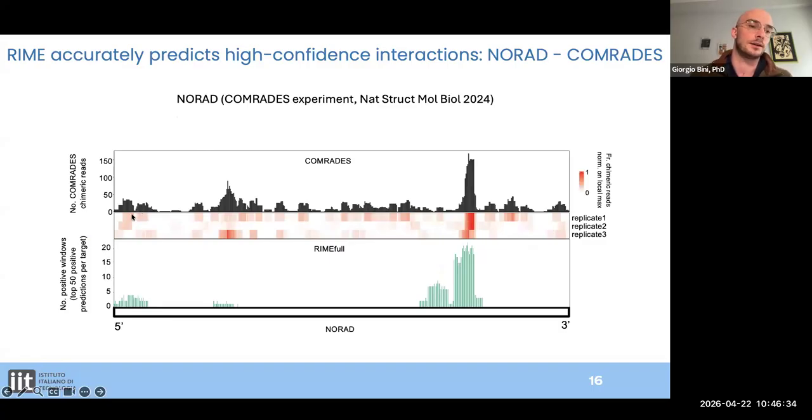And here in the top panel, we can see the experimental signal from the COMRADES experiment, where it detects all the interactions of NORAD with its multiple targets. And here in the bottom panel, we can see the RIME predictions. And as we can see, RIME correctly identifies the same interaction hotspots along the transcript.